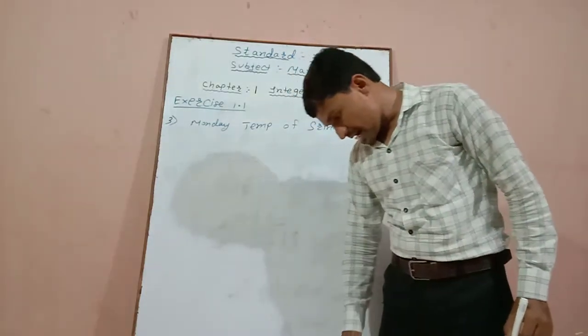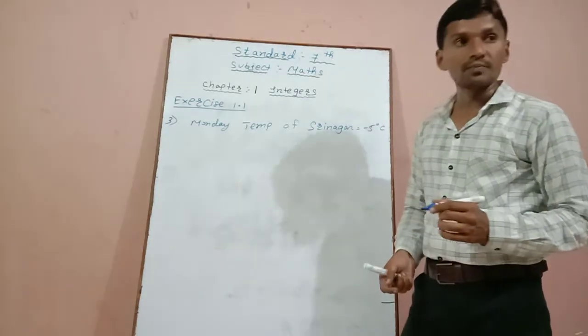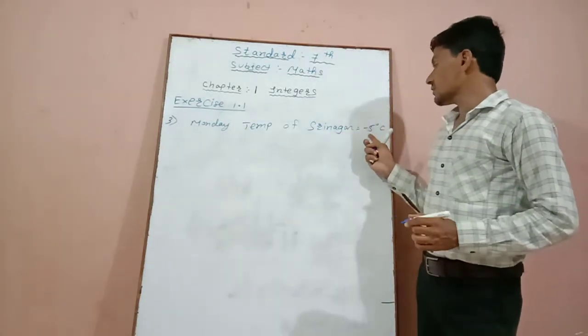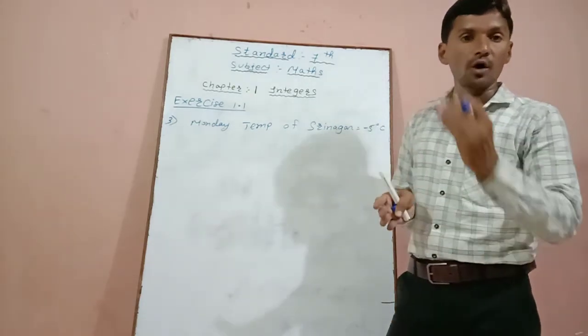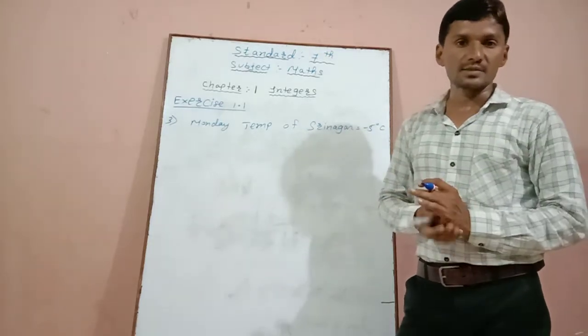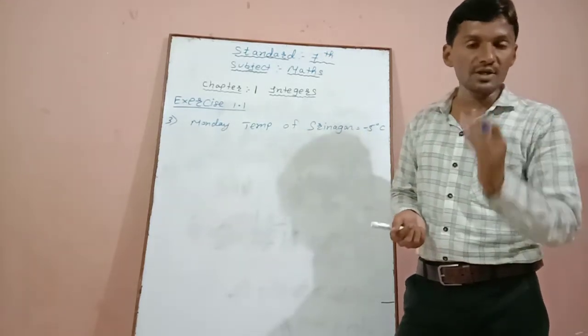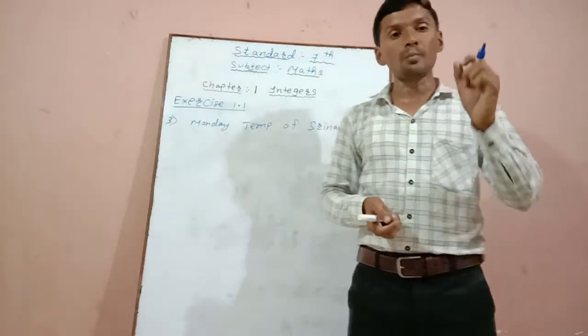Then it dropped by 2 degrees on Tuesday. Here it is minus 5, and on Tuesday it dropped. Drop means 2 degrees is minus. Minus means the temperature of Srinagar is decreasing. Decreasing means we have to subtract it.